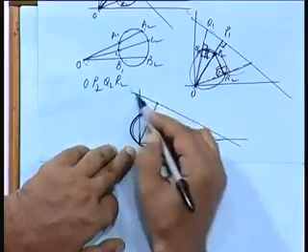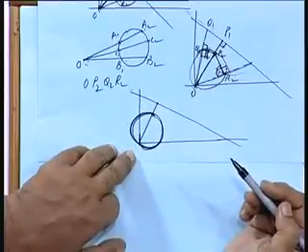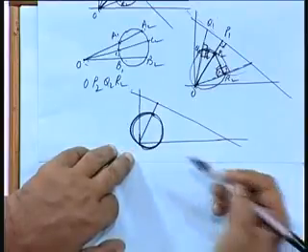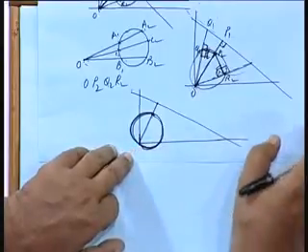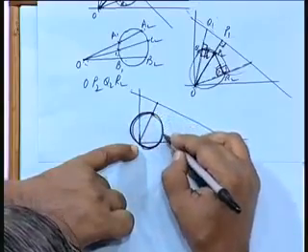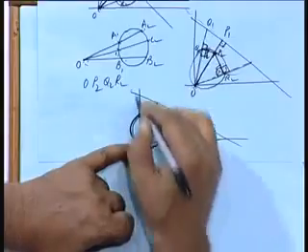Is that all right? So, the inverse of a straight line is a circle that will include the origin. Conversely, the inverse of a circle where the origin lies on that circle will be a straight line.